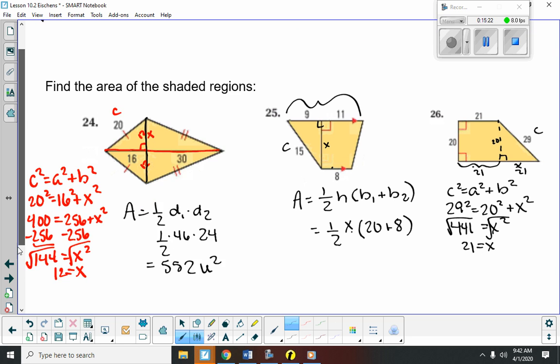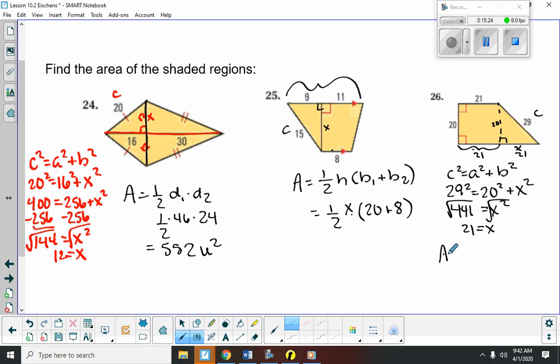So to solve that problem, we have the area equals 1/2 times the height times the sum of the bases. So it would be 1/2. The height is 20. That's the perpendicular distance between the bases. This base is 21. This base would be 42.